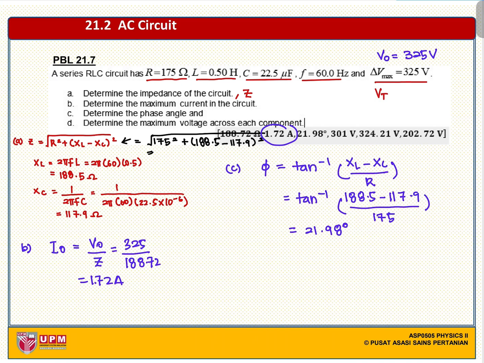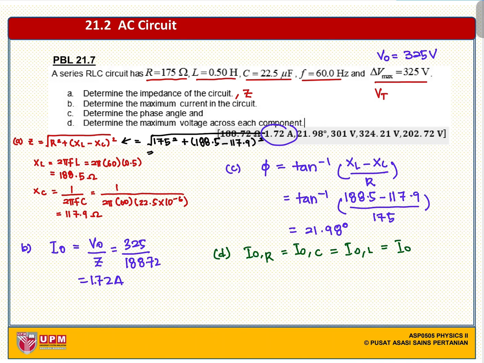Alright, now last, what does it want? It says determine the maximum voltage across each component. So you need to know that I maximum across the resistor, I maximum across the capacitor, and I maximum across the inductor is the same as I maximum from the source.